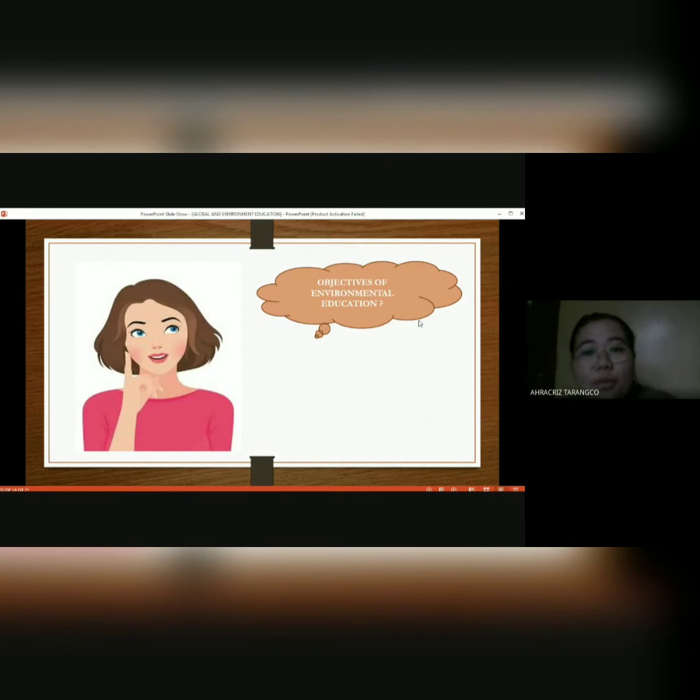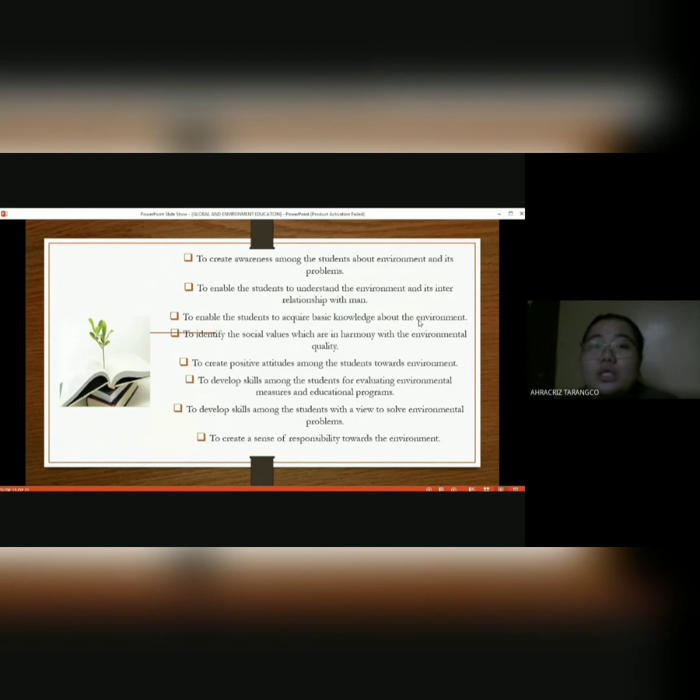Objectives of environmental education. The first is to create awareness among the students about the environment and its problems. The second one is to enable the students to understand the environment and its interrelationship with man.